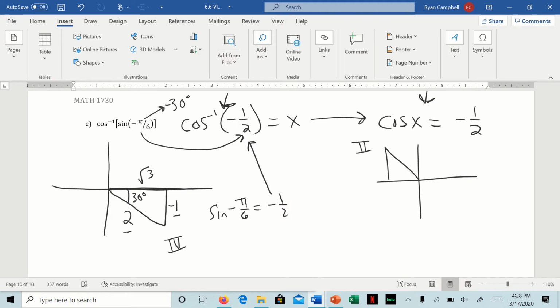Cool. So cosine, we know cosine is adjacent over hypotenuse. So doing the Pythagorean theorem, we see that we end up with the square root of 3. This should look familiar. We have a 60-degree angle, which means that this is a 120-degree angle, which means that x has to equal 2 pi over 3. That's what we're looking for.